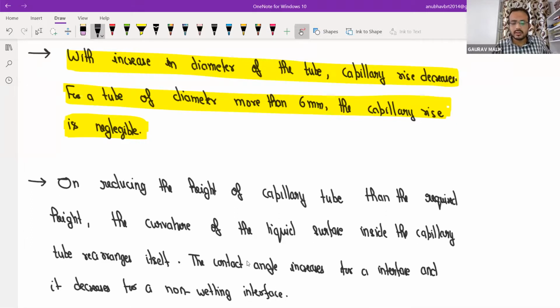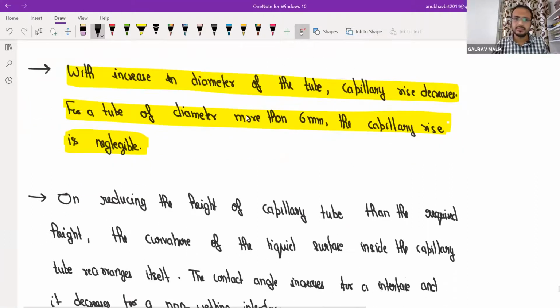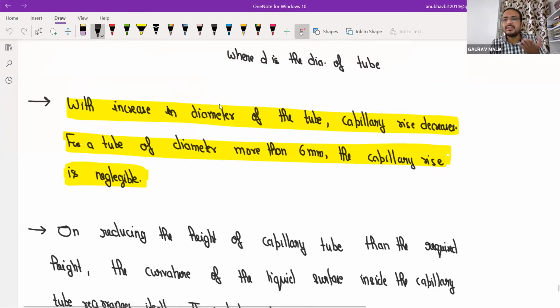All these are conclusions beyond your imagination. Please write down some small points and remember them. Such type of question they can ask in an interview: capillary rise up to which diameter of tube. They will give you the option that it will rise always. No sir, it should be up to a limit.